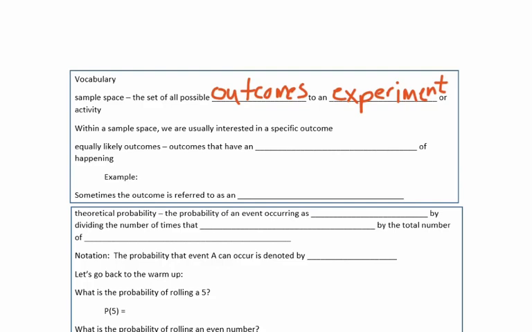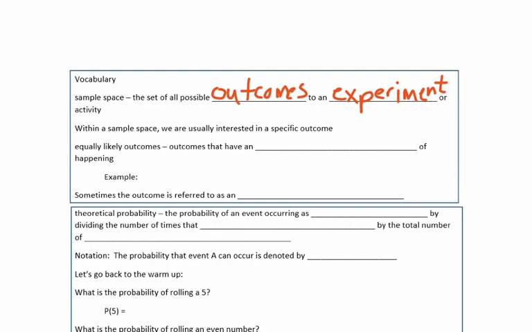When we're first studying probability, our experiments are really simple, like rolling a die or picking a card out of a deck of cards, because we want to focus on the concept. We don't want to make the actual experiment really complicated. But as you progress in the study of probability, things get really complicated, and the sample space, the experiments and the outcomes are not always very obvious.